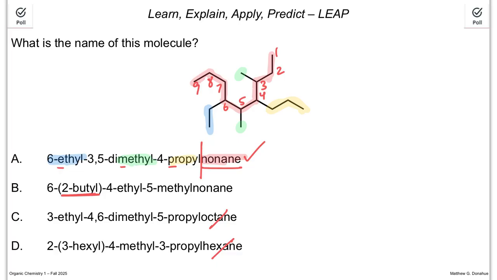So let me point out, so what does that equal? 15? So the way you ultimately test it is you take those positions, you add them, and they should give you the lowest sum. If you number it the other way and you get a larger number, that's the incorrect way.